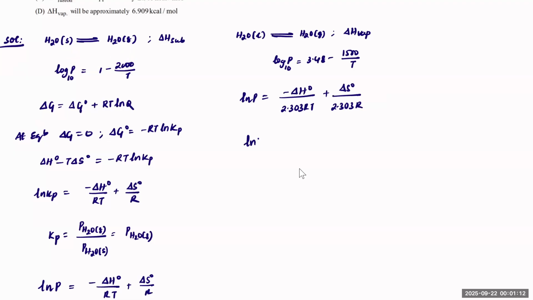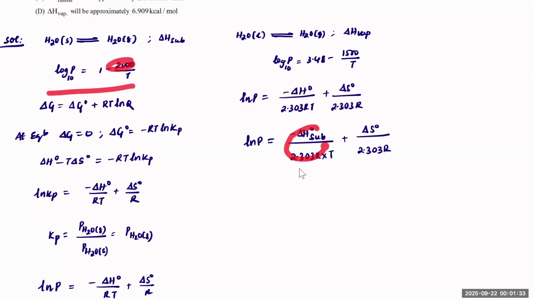For sublimation, log P is equal to minus delta H naught of sublimation divided by 2.303 R into temperature plus delta S naught by 2.303 R. Now, as per the formula, you can see this 2000 should be equated to this one because this is the slope of the equation. So delta H naught sublimation divided by 2.303 R is equal to 2000 as per the question.